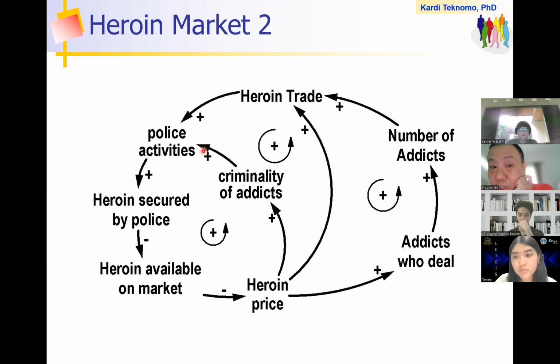The one that you need to secure is the heroin price. So in fact, you need to reduce the police activity. If you reduce the police activity, the heroin price will actually go down.